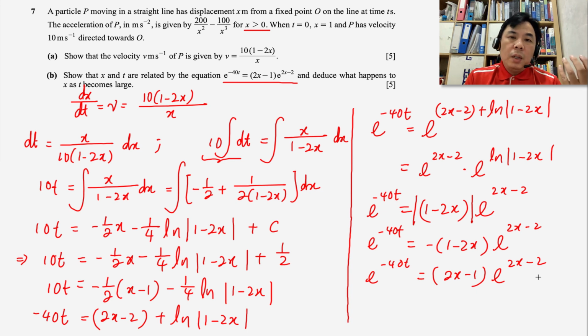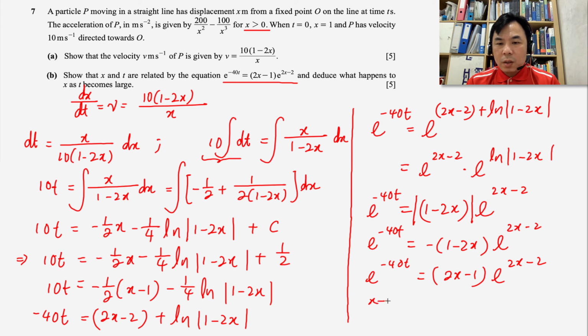And then finally is to deduce what happens to x as t becomes large. So here, this is quite direct at this point. All we need to do is, as x approaches infinity, right?